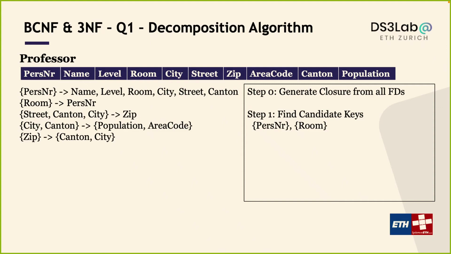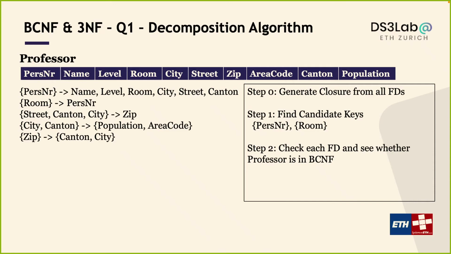How to decide it? You compute the closure of personnel number. You will see the closure of personnel number is going to be the whole set of attributes. The same for room. And then you check each of these functional dependencies and see whether this relation is in BCNF or not. Okay?